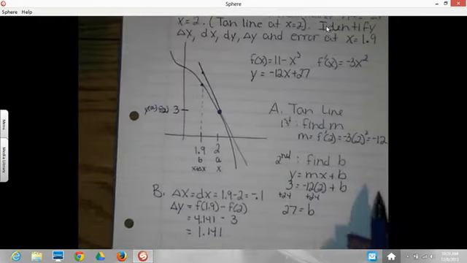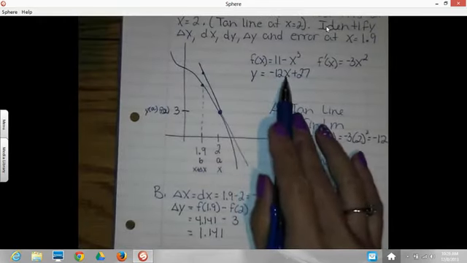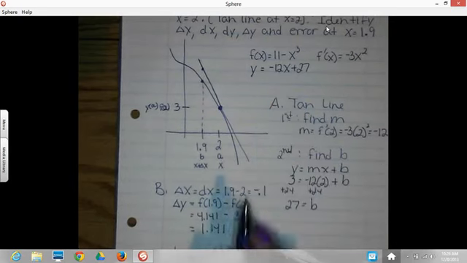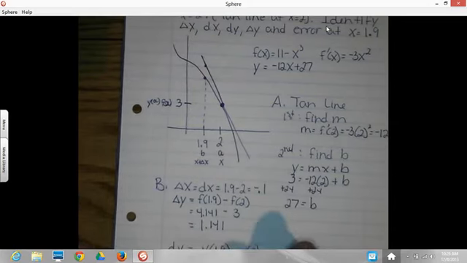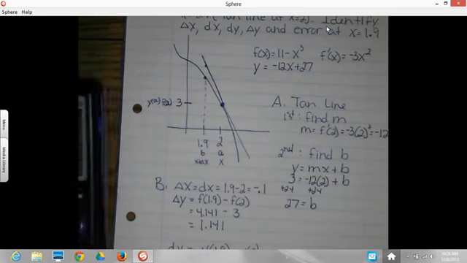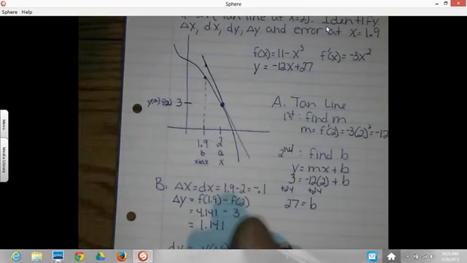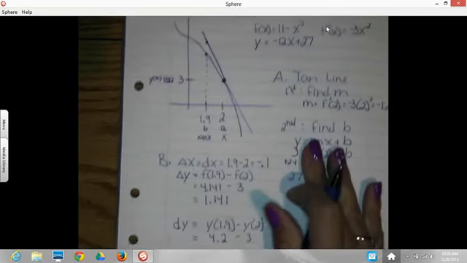So plugging 1.9 into the y equation, well, we know the y of 2 is a 3 still. So negative 12 times the 1.9 plus 27. I got 4.2 minus 3 is 1.2.